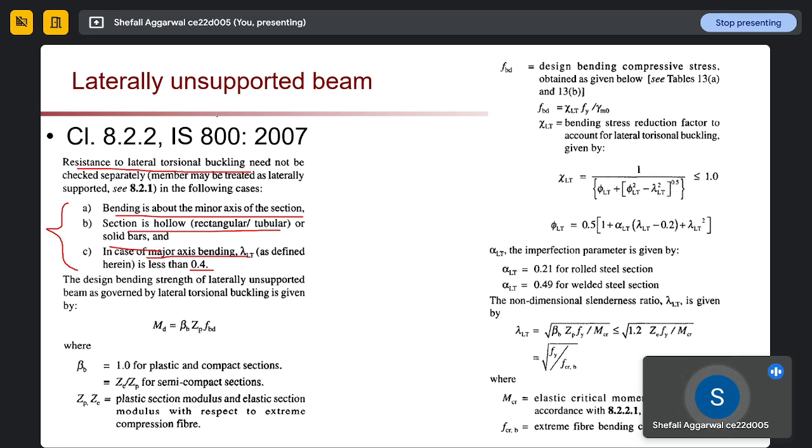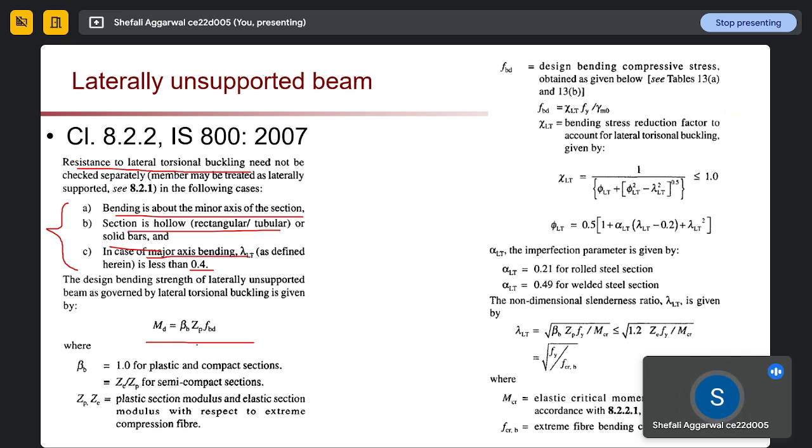In case of laterally unsupported beams, how do we calculate the design bending strength? This is the formula we are using, where beta B is defined as 1 for plastic and compact sections, and ZE by ZP for semi-compact sections. ZP and ZE are the section moduli, and normally we can find them from our steel table. Whatever section we choose, we will have its section modulus given.